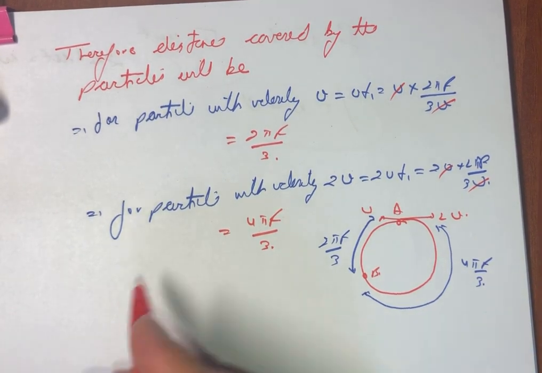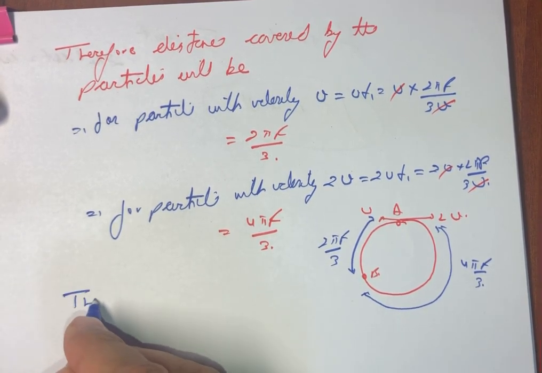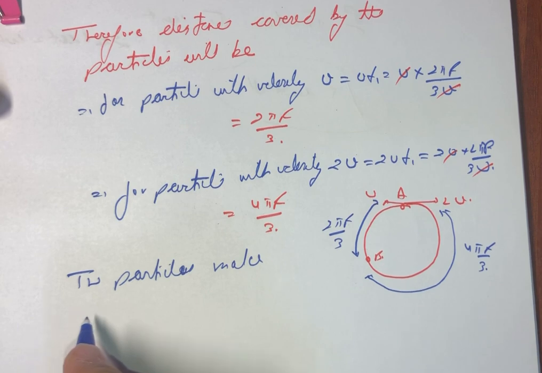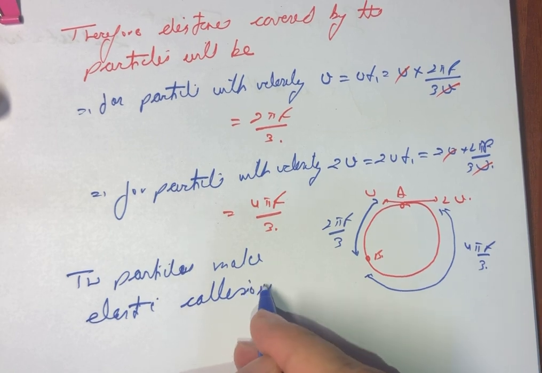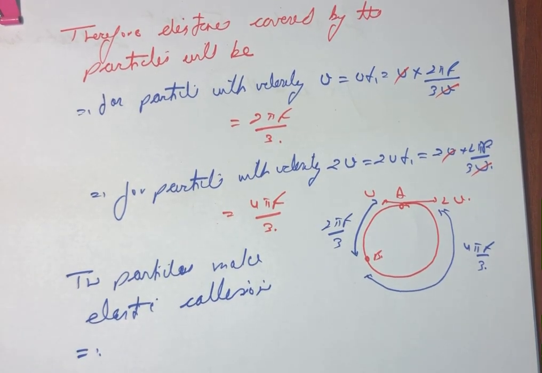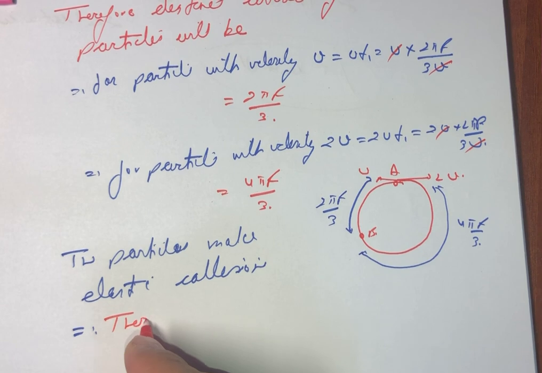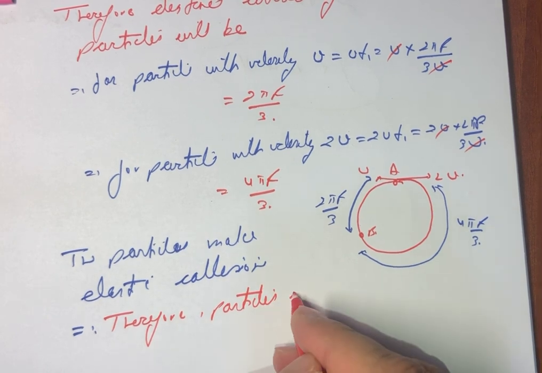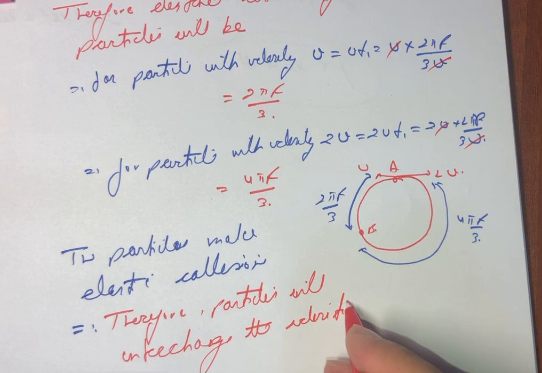So the particles make elastic collisions, which basically means that they are going to interchange the velocities.